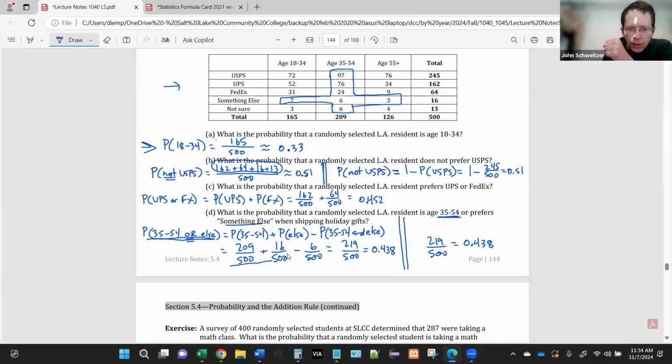I showed you how to use the formula here, but the faster way is to simply count the number of people in the set. The formulas are great. We need them to be able to develop probability theory and to really understand what we're doing. But when it comes to calculating probability, sometimes it's faster to simply count. Does that answer your question?